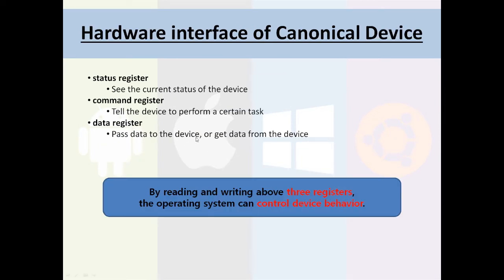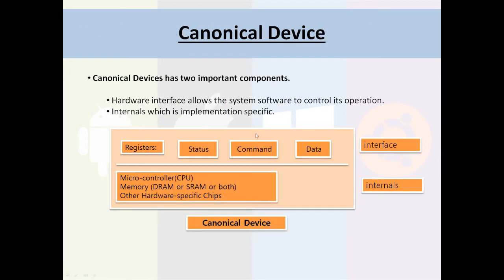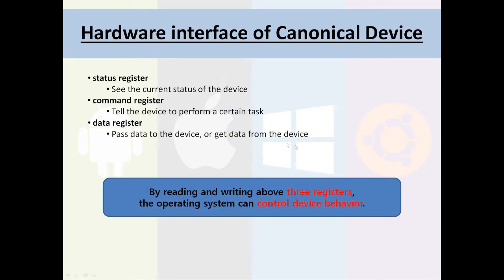Now, just specifically in terms of that interface, we saw our status, command, and data. These are all registers, right? So they store information in these registers. The status register basically lets us see the current status of the device, whether it's busy doing something, or if it's available. There are quite a few different statuses.